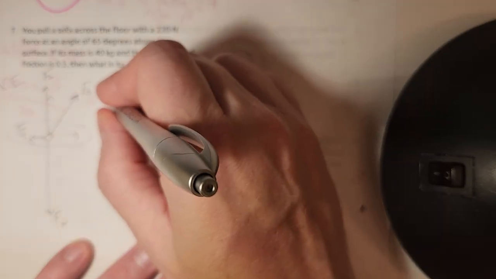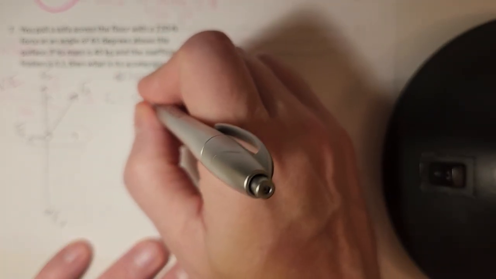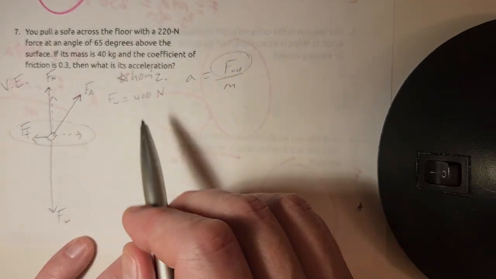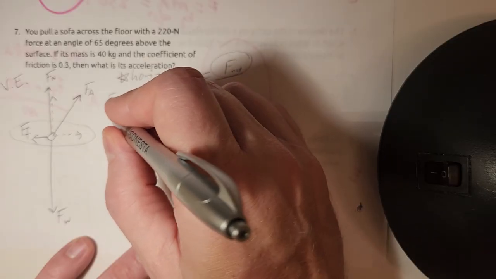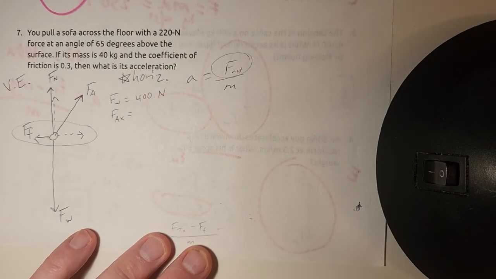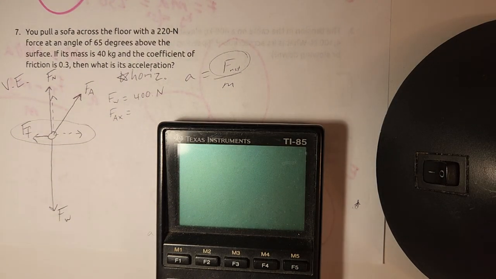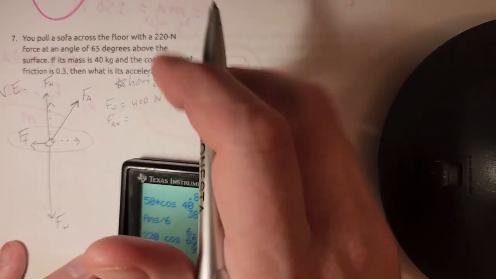Now, a lot of people would prefer to list all these forces. So my force weight I know is 400 newtons, because that's just mg. The applied force in the x direction is 220 times the cosine of 65, and that's 92.9.